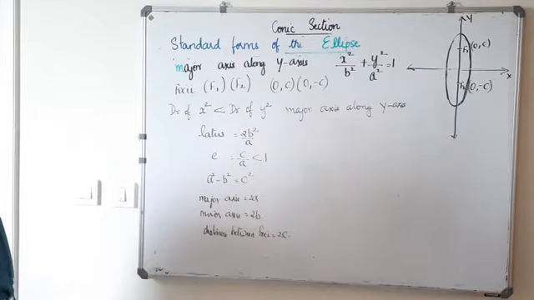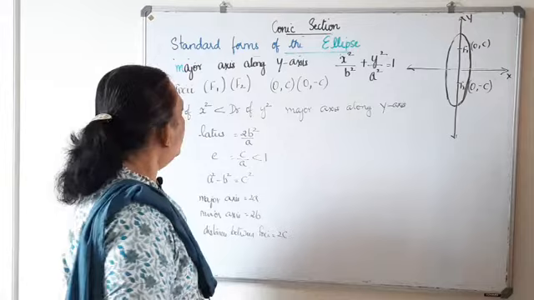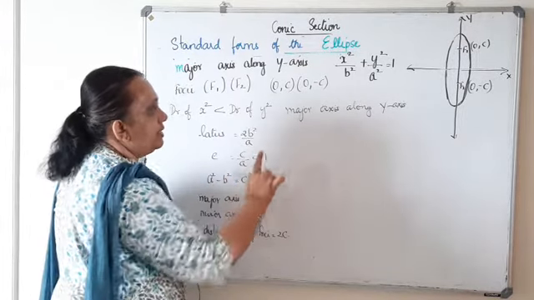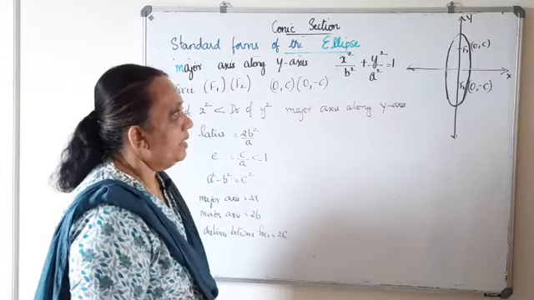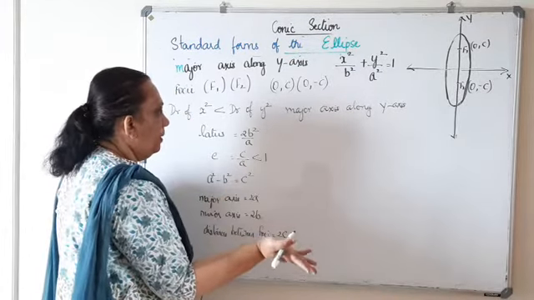So, major axis along the y-axis, x squared by b squared plus y squared by a squared is equal to 1. And the denominator of x squared is less than the denominator of y squared. Major axis is along the y-axis and latus rectum 2b squared by a, like the previous one.